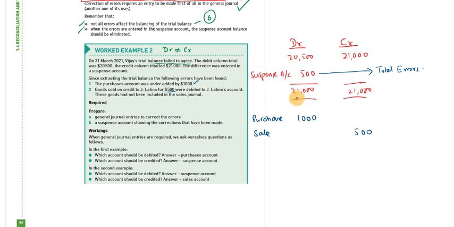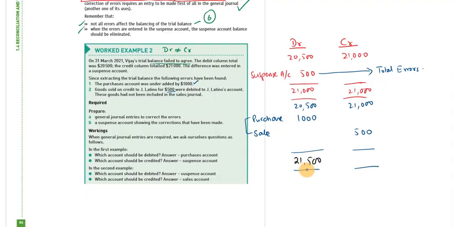So the opening debit balance was 20,500 and the credit total was 21,000. Now after discovering these two errors and after the rectification of these errors, again calculate the total of debit and credit of the trial balance. 20,500 plus 1,000, so the total will be 21,500.